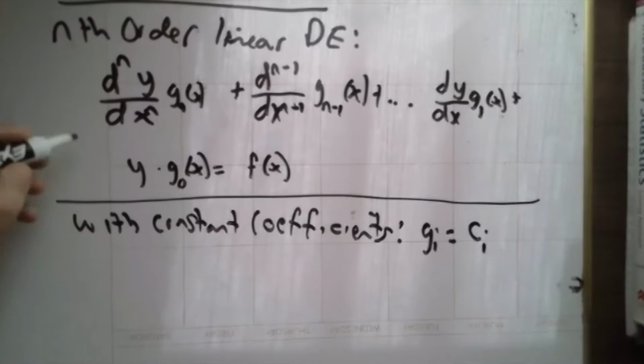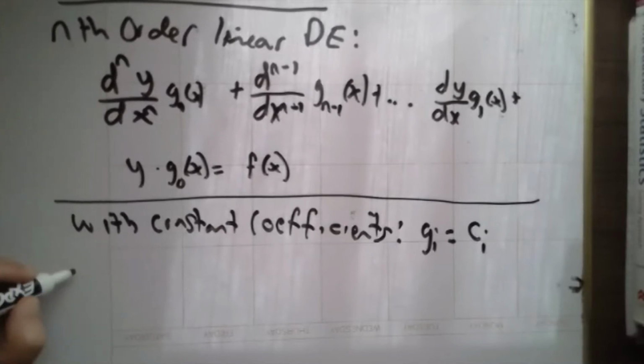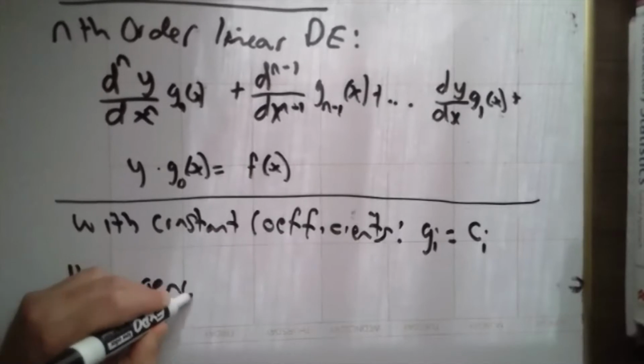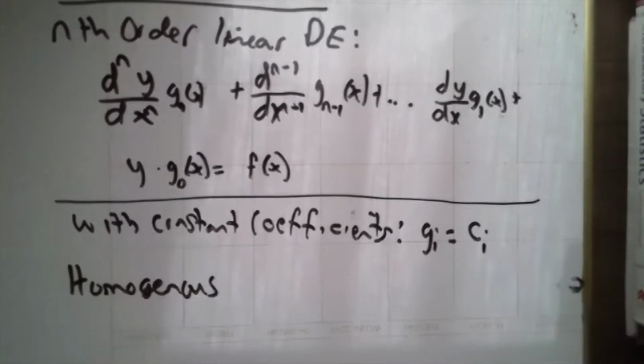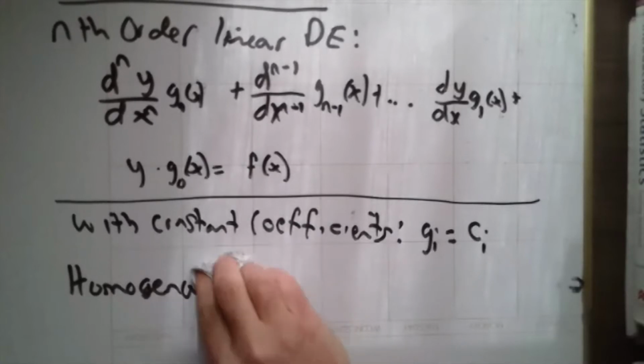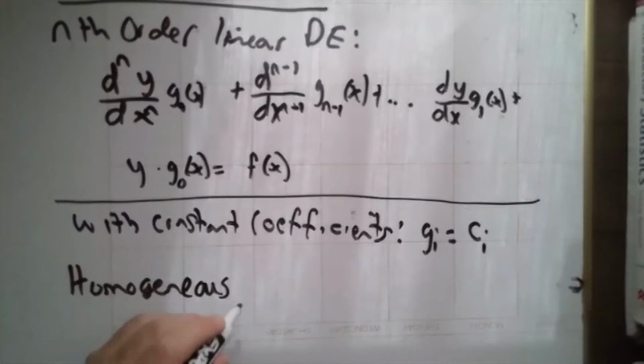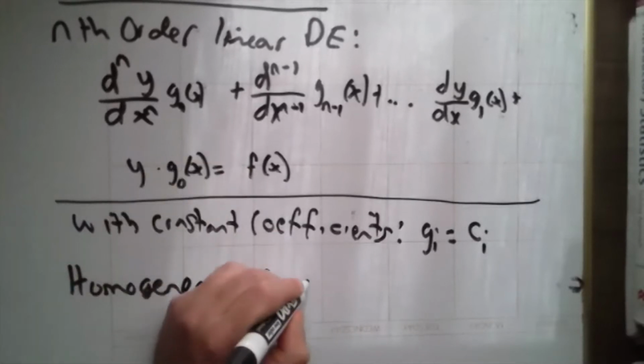We say one of these DEs is homogeneous. Remember, in first order DEs, the word homogeneous means something different. If this guy over on the other side is 0.